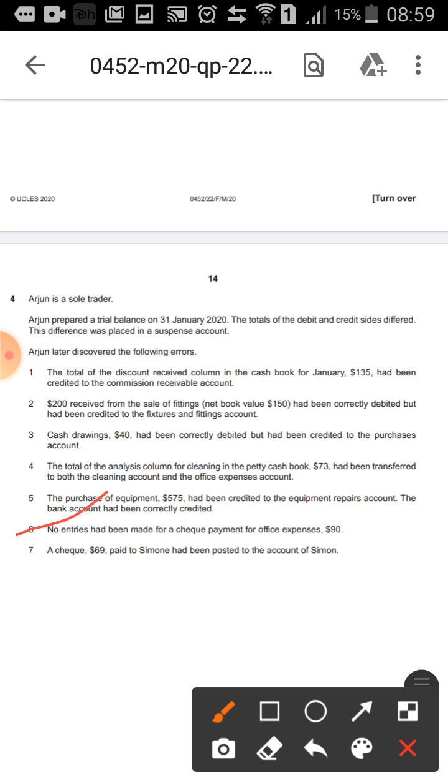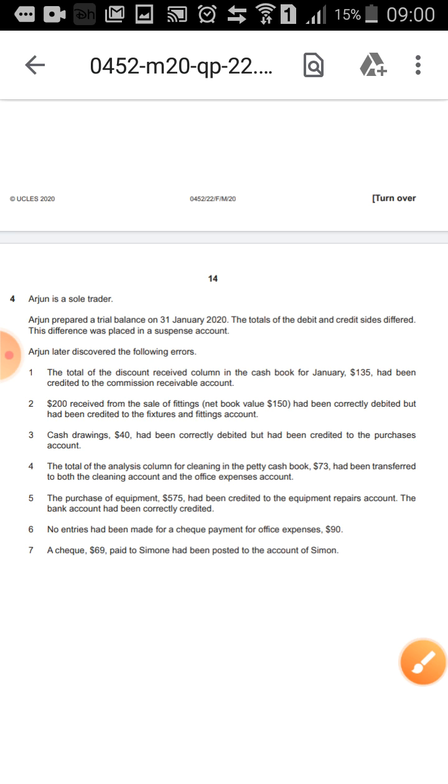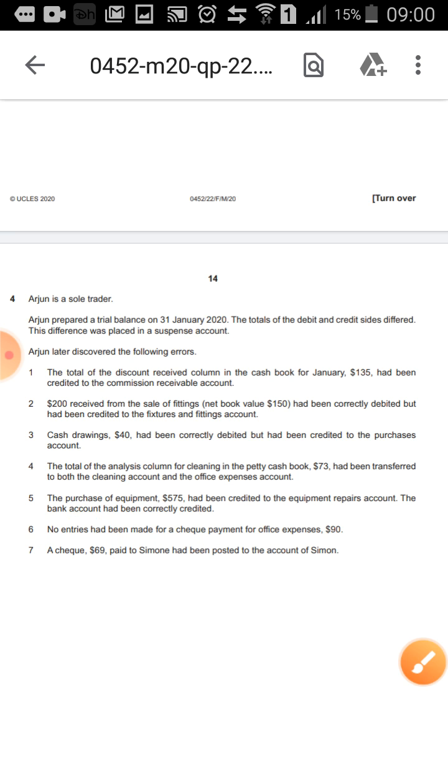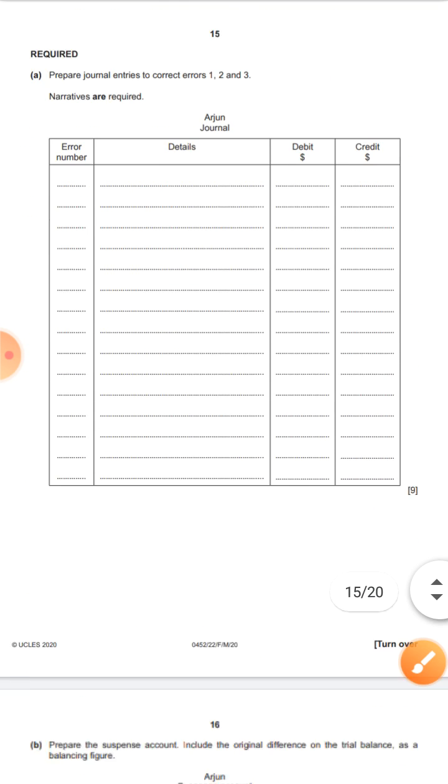This is an expense thing, so you will write no effect. And this one also will have no effect because the bank account thing was correct. Whether it goes to one Simon or the other, it won't have any effect on the capital. So this one will also be no effect on the capital.